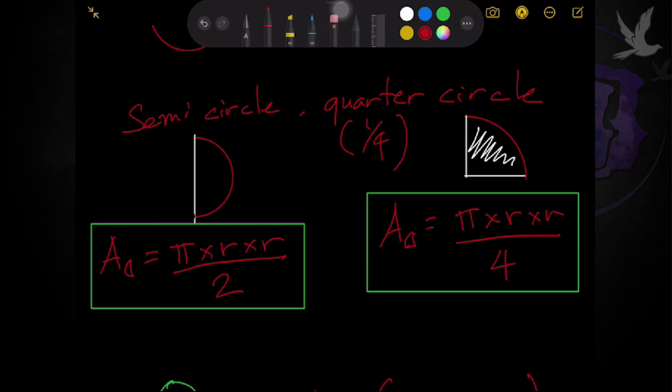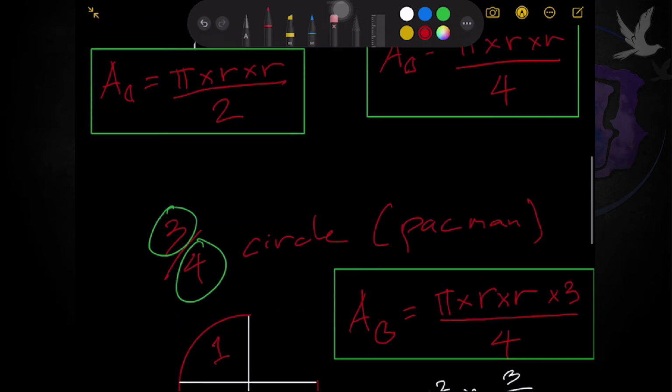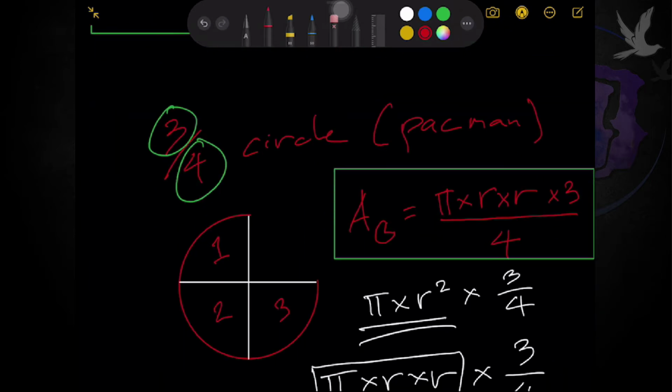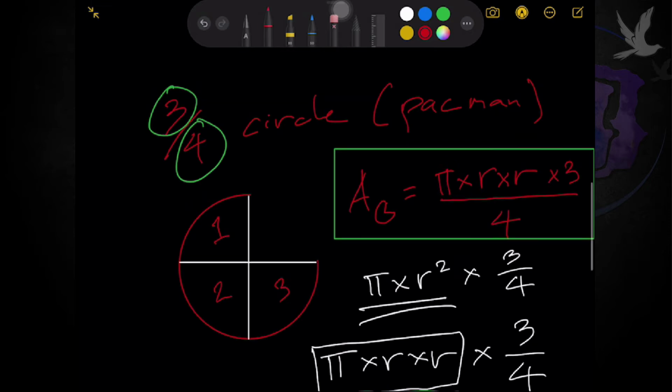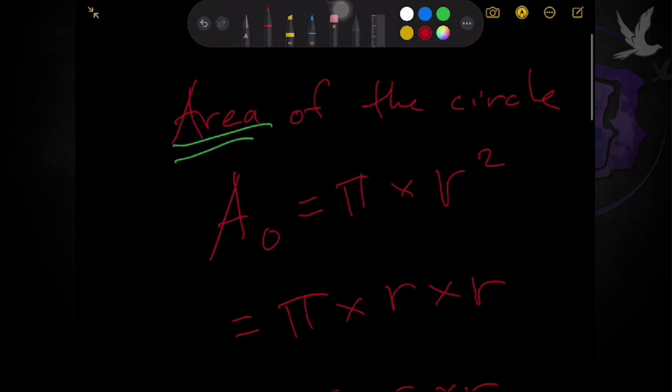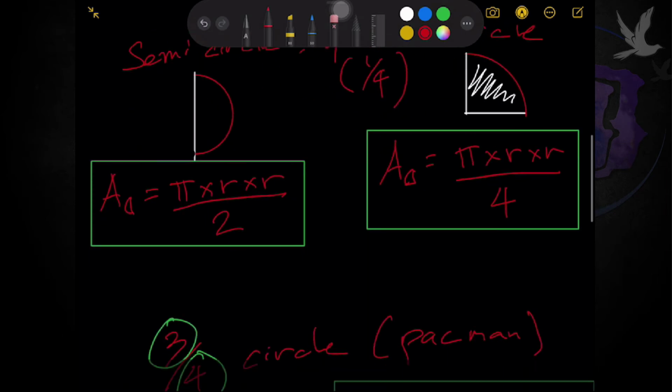Okay. Pag quarter circle naman, so that's pi times r squared divided by 4. Ganun lang kadali. And for a 3/4 circle, that's pi times r squared times 3 divided by 4. Okay? So, ganun ang pag-solve natin sa area of a circle.